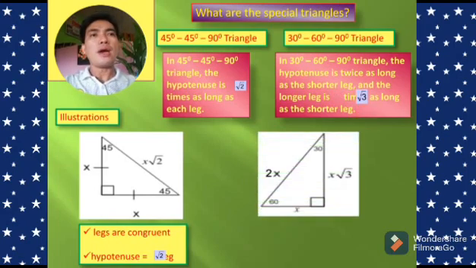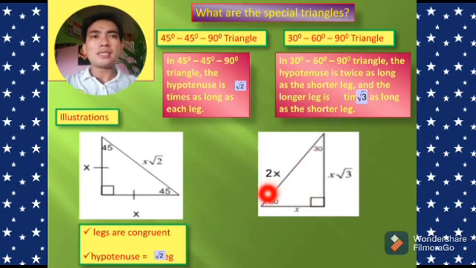And if we're going to illustrate, the angle 30 degrees, the opposite side of that angle is our shorter leg, which is our x. And this side here, which is opposite to the 60 degrees angle, is x square root of 3. And this would be our longer leg.